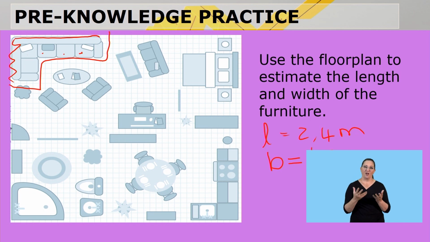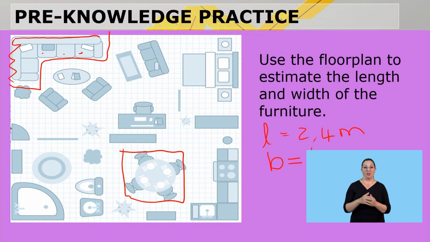And that is how you estimate. If we look at one last one, the table there, we know that a plate is more or less 30 centimeters. And looking at the diameter, you can see there's 2 plates. So that gives you 60 plus 2 in the middle, and that will give you a diameter of 120 centimeters as well.